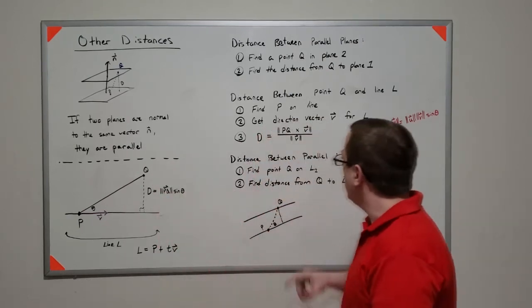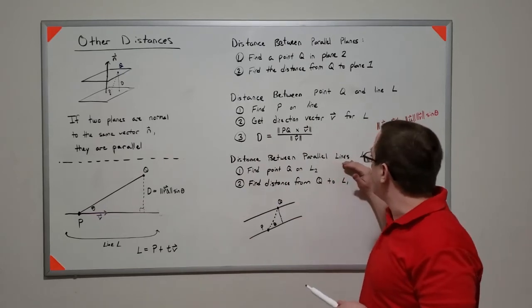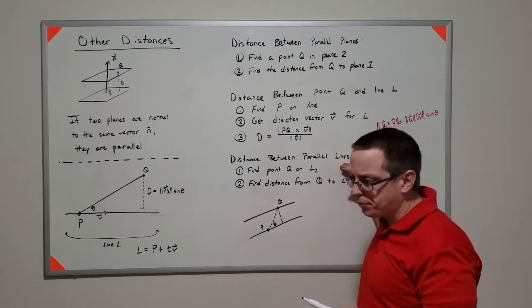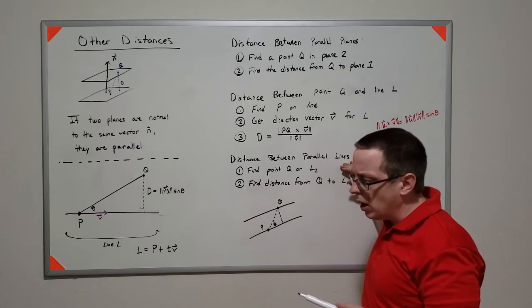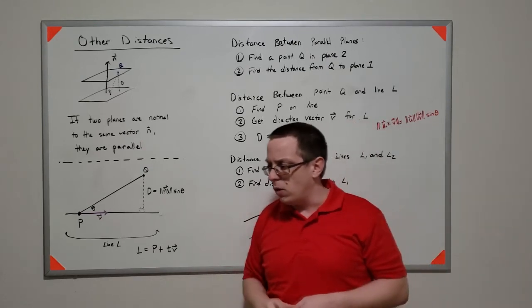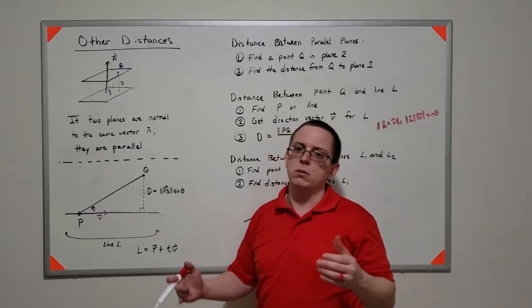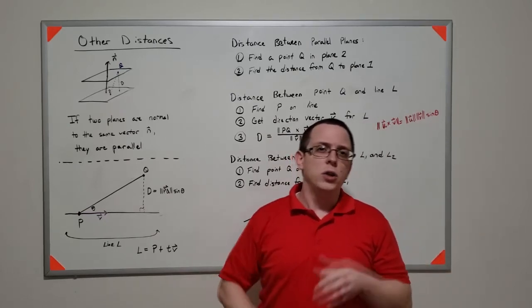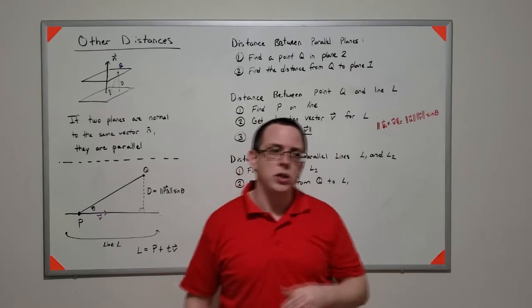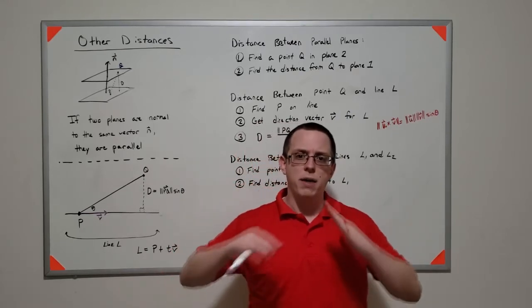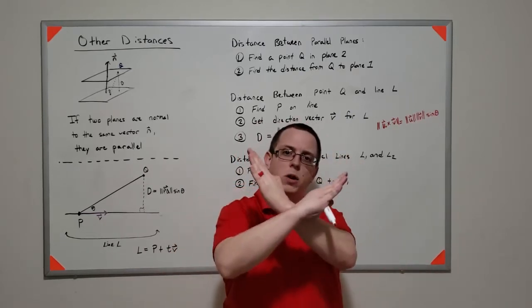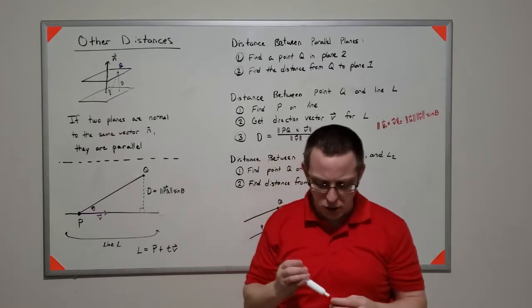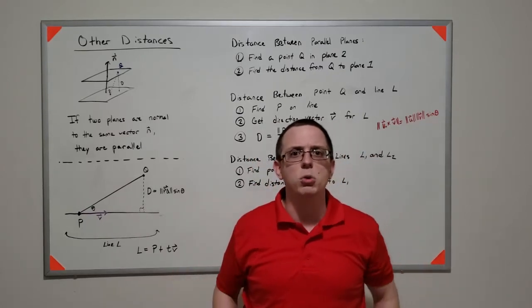And finally, we have the distance between parallel lines L1 and L2. So you may say to yourself, well, of course I can figure that out, or I don't have to worry about non-parallel lines. There's kind of an interesting case in 3 dimensions. In 2 dimensions, if you have two lines, they're either parallel or they cross at some point. But in 3 dimensions, you can have what are known as skew lines.